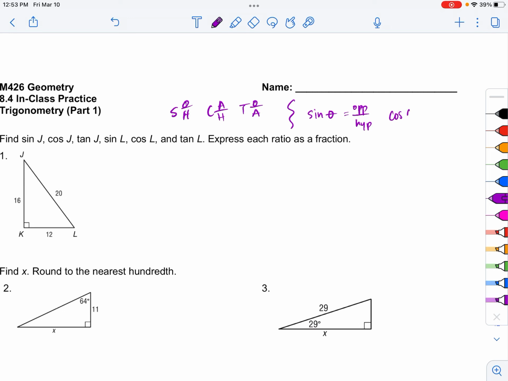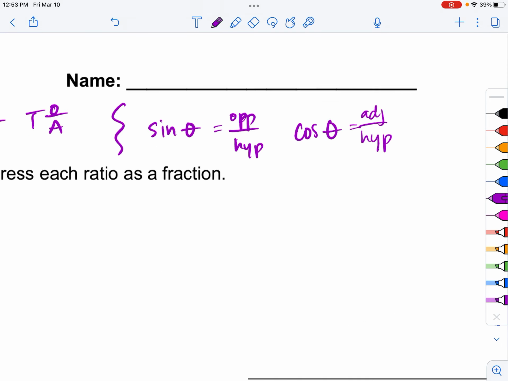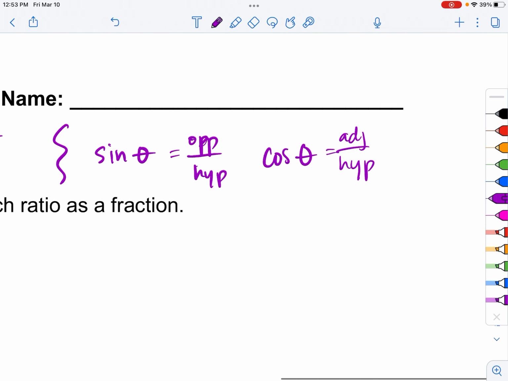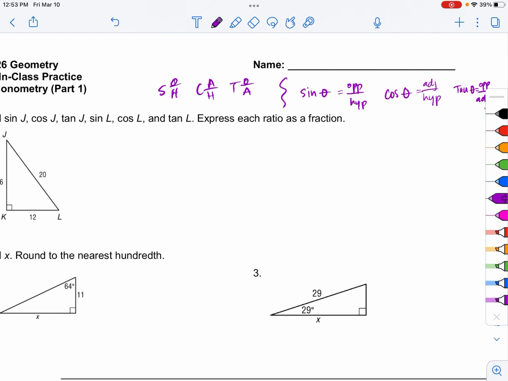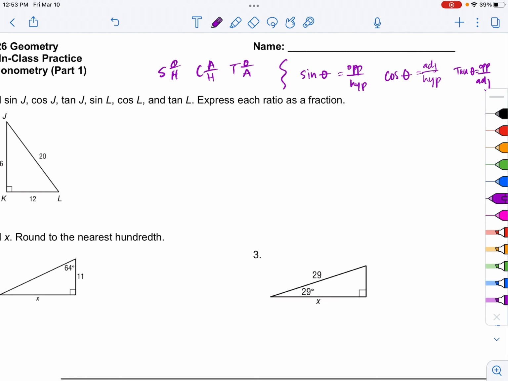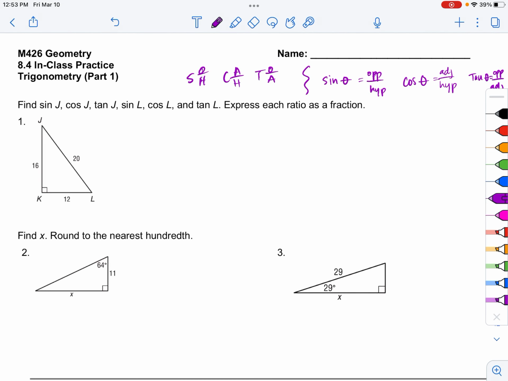Cosine theta is equal to adjacent over hypotenuse. And then the last one, tangent theta is equal to opposite over adjacent. Okay, so there's our trig ratios, and we're going to use these throughout the entire practice, starting with number 1.